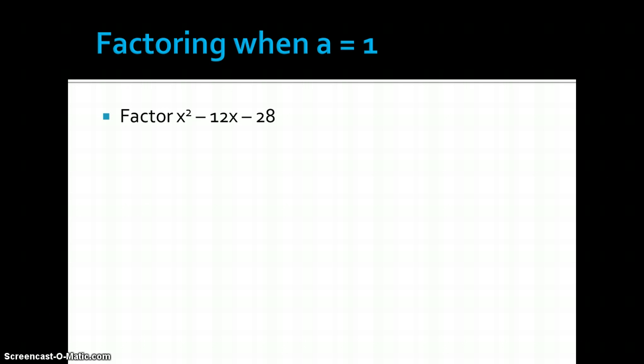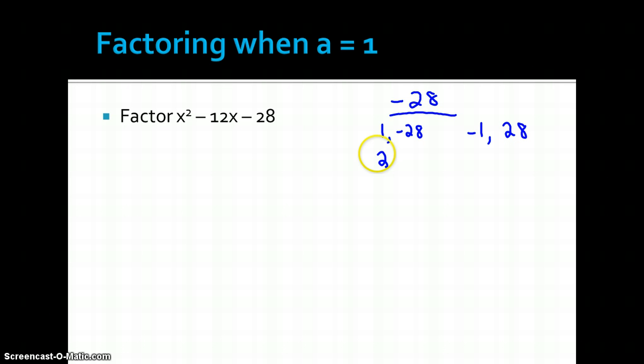So if we look here, we have x squared minus 12x minus 28. So what we need is we have negative 28. We need factors of negative 28 that combine to give us negative 12. So I have 1 and negative 28, and then I have negative 1 and positive 28.